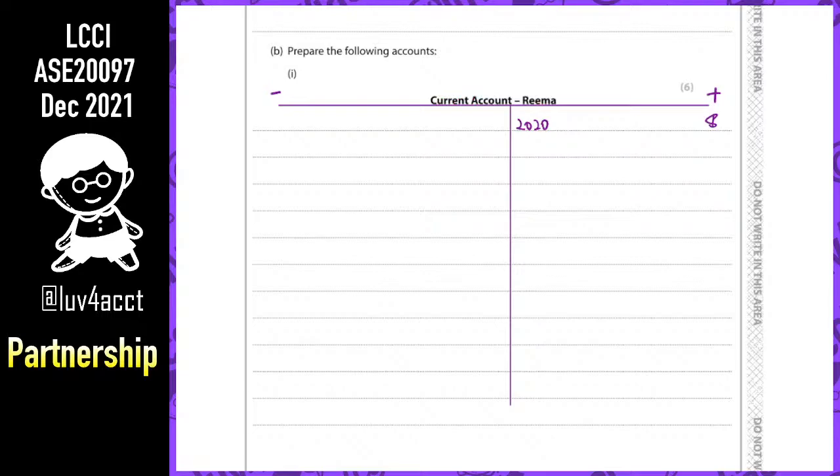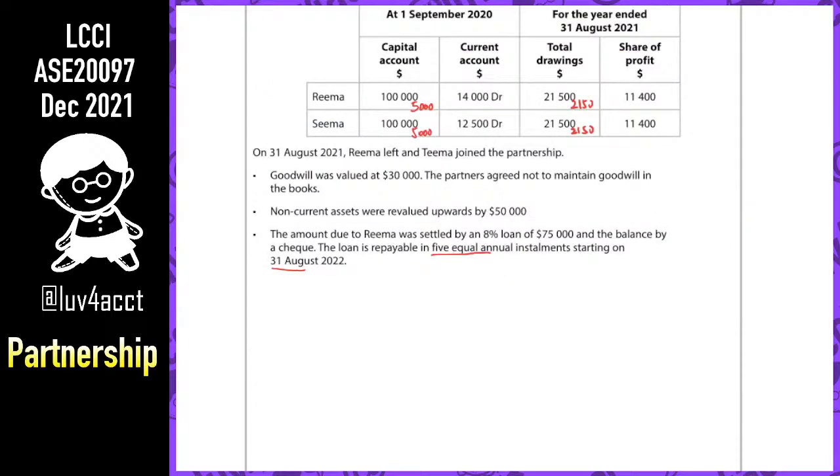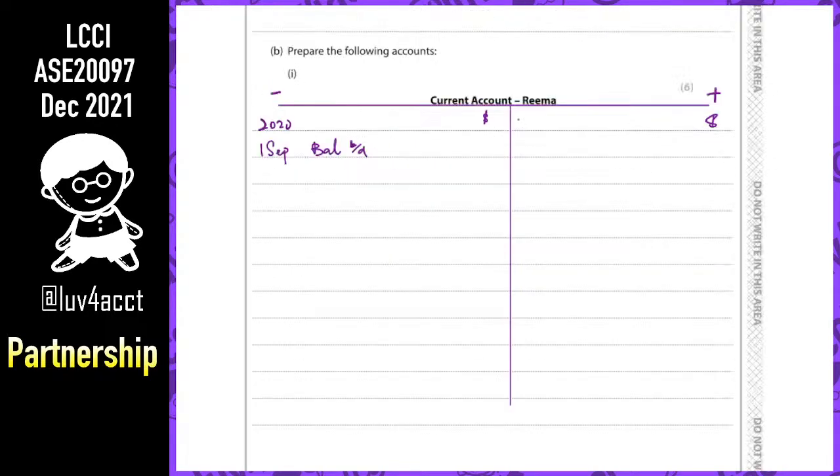It doesn't matter much. It says debit, then it is debit. Year 2020, 1st of September, is it? Yes. Balance brought down. Opening current account being 14,000 for Rema. We don't need to calculate for the other one.